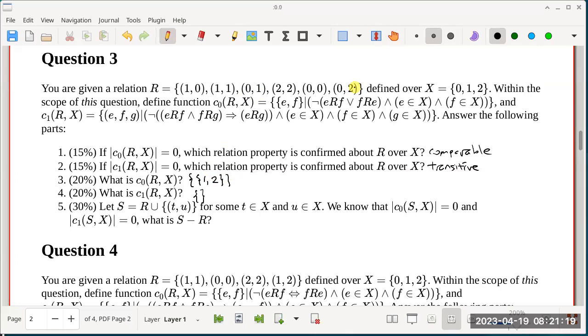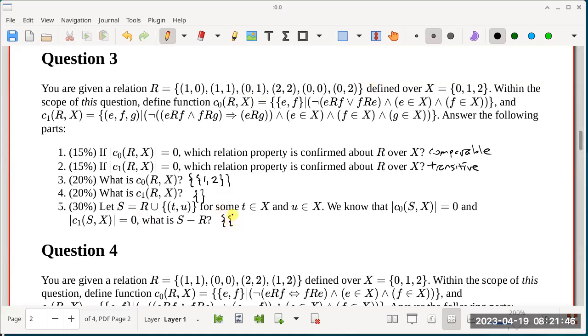If we do it the other way around, adding 2, 1 here, it would also be okay because 0, 2 is here, and for transitivity we have to make sure that 0, 1 is here. So there are two possible options here. There's not a unique solution to this one.